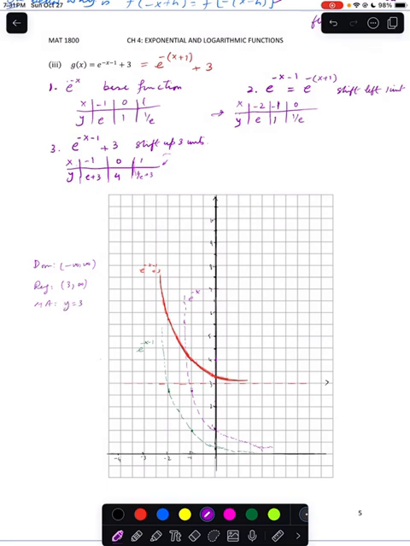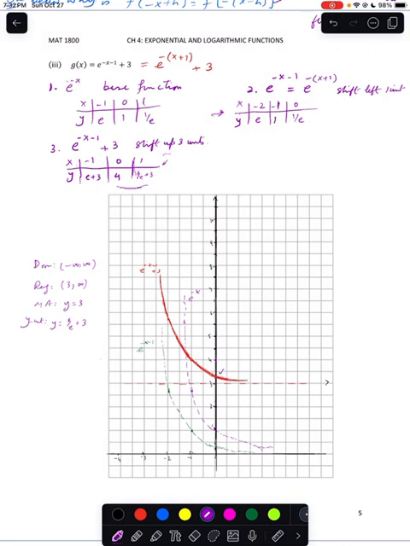The last thing is the y-intercept. The y-intercept will be 1 over e plus 3, so 3 plus 1 over e.